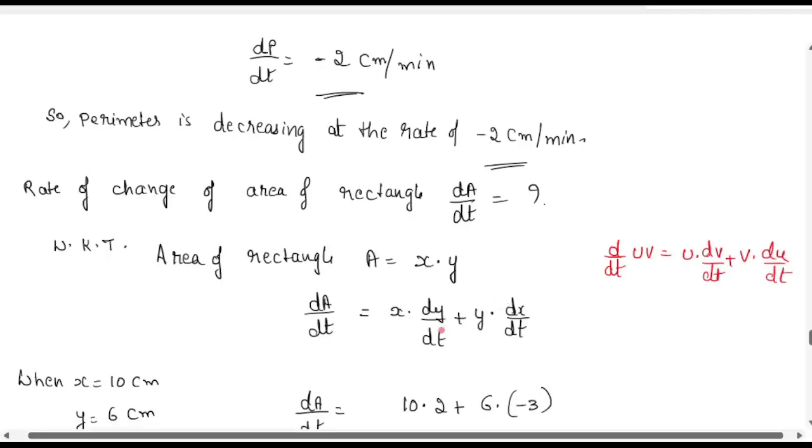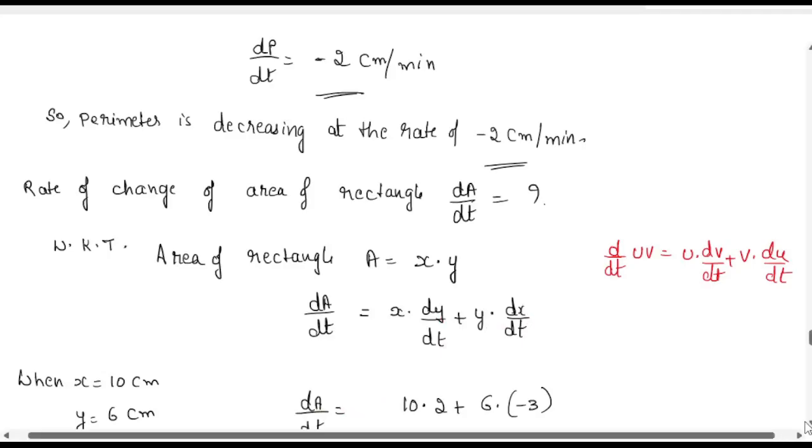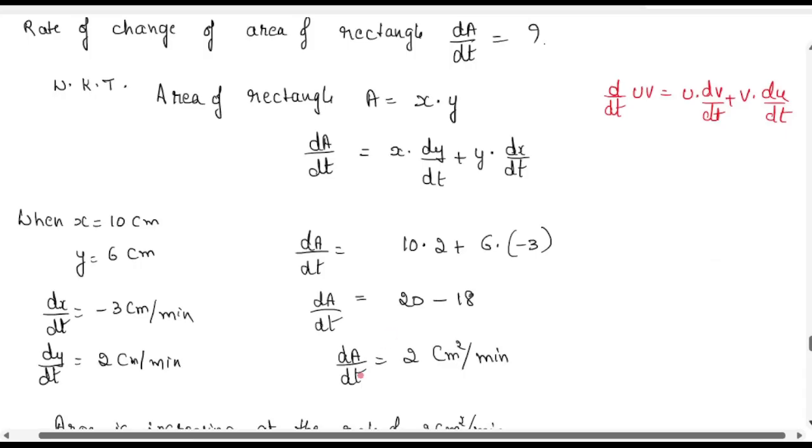So on applying this here, x into dy by dt plus y into dx by dt. We know the value of x, we know the value of dy by dt, we know the value of y, we know the value of dx by dt. So just substitute and get the answer. So we have dA by dt equal to 2 centimeter square per minute. This is the answer.